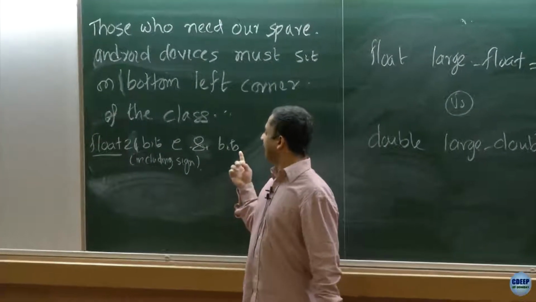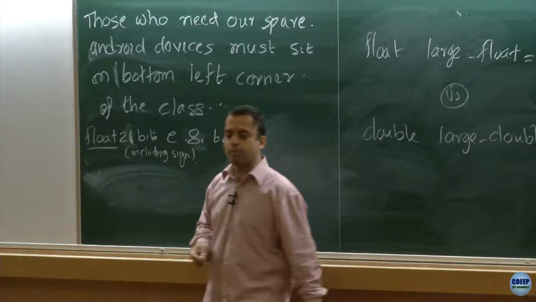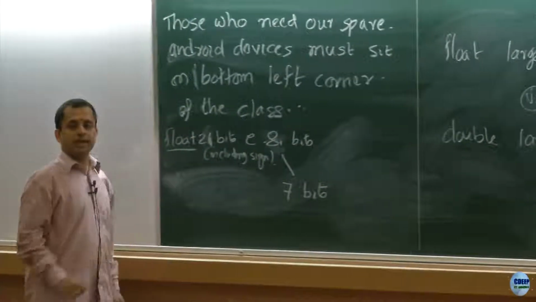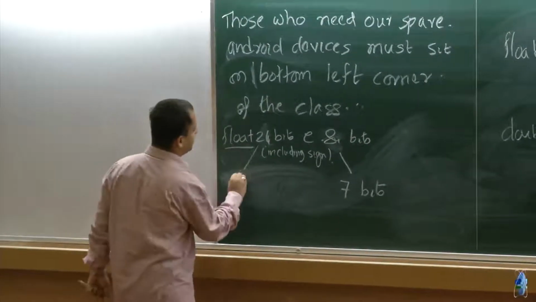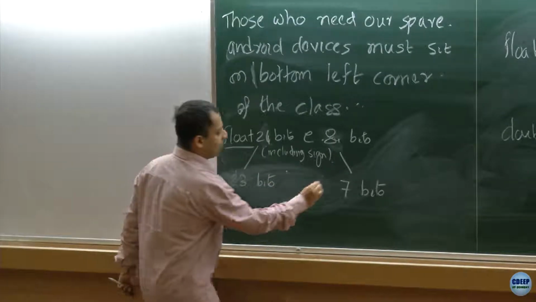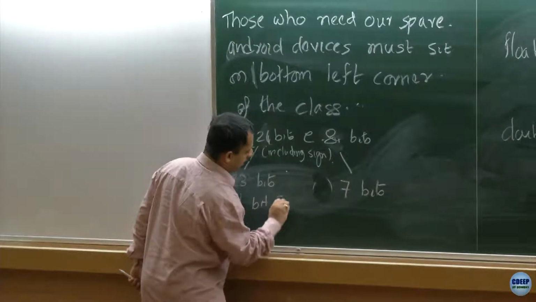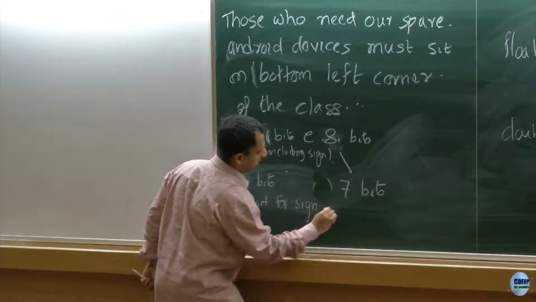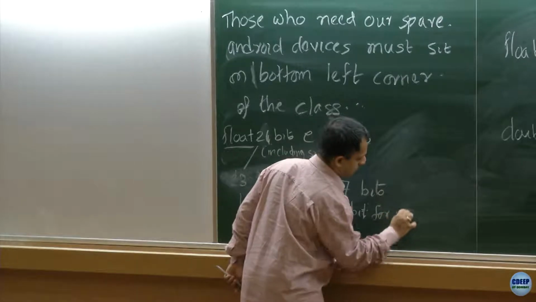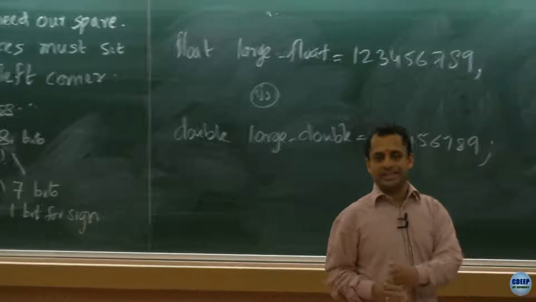We said that when you have 8 bits for the exponent and 24 bits in the mantissa, it's effectively 7 bits that are used for storing the value and 23 bits in the case of mantissa. One bit is used for storing the sign.